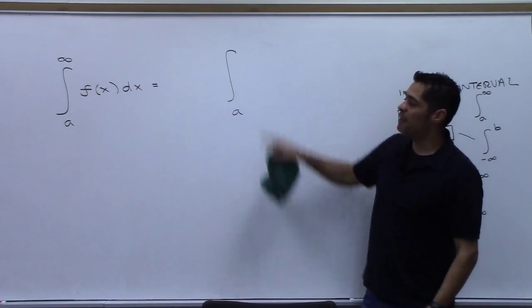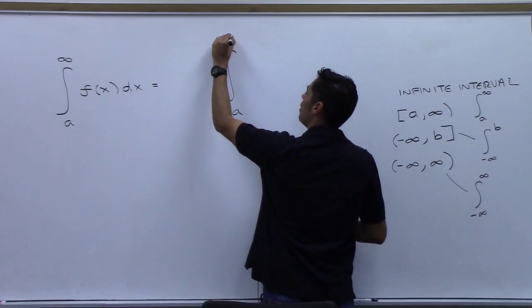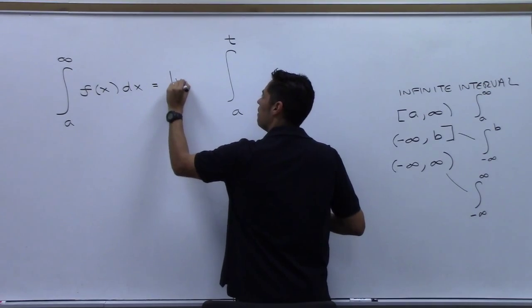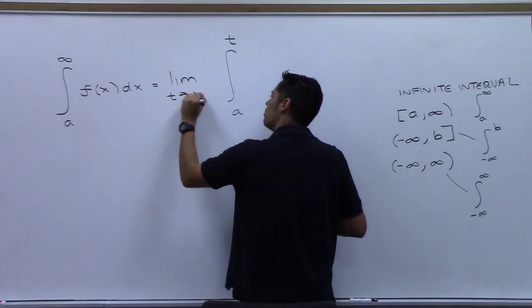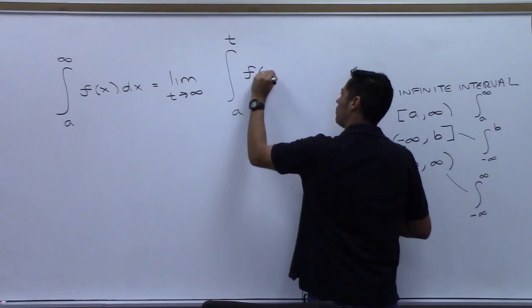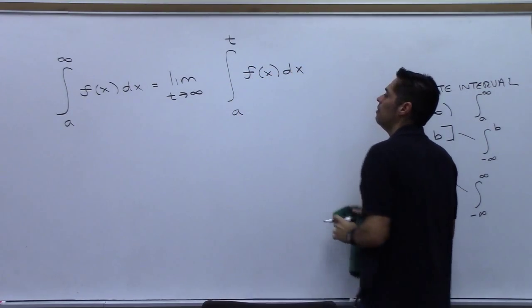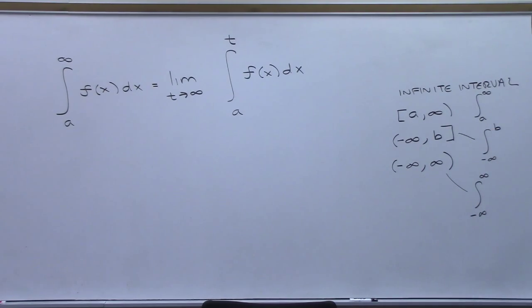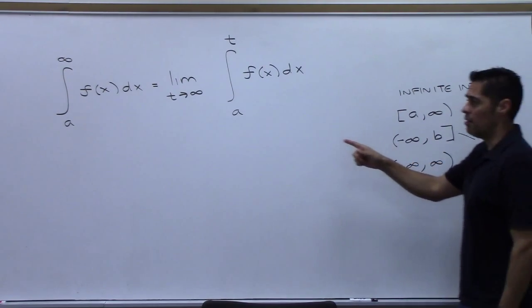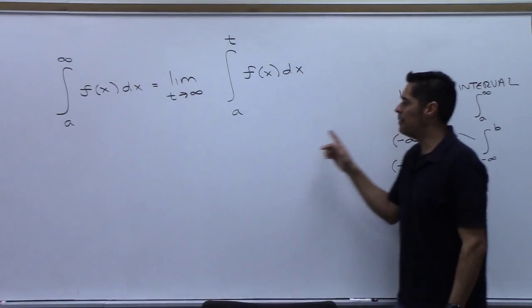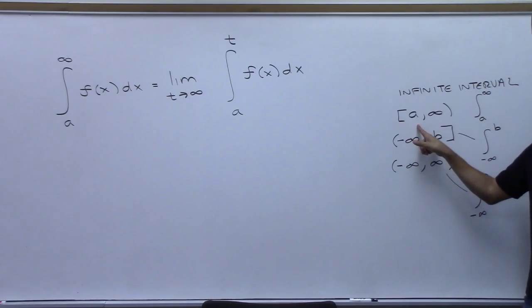And instead of using infinity up there, we just call this upper limit of integration t. And what we're going to do is take a limit as t goes to infinity of the integral from A to t of f of x dx. That's the definition of the improper integral. This is its definition if your interval looks like this.